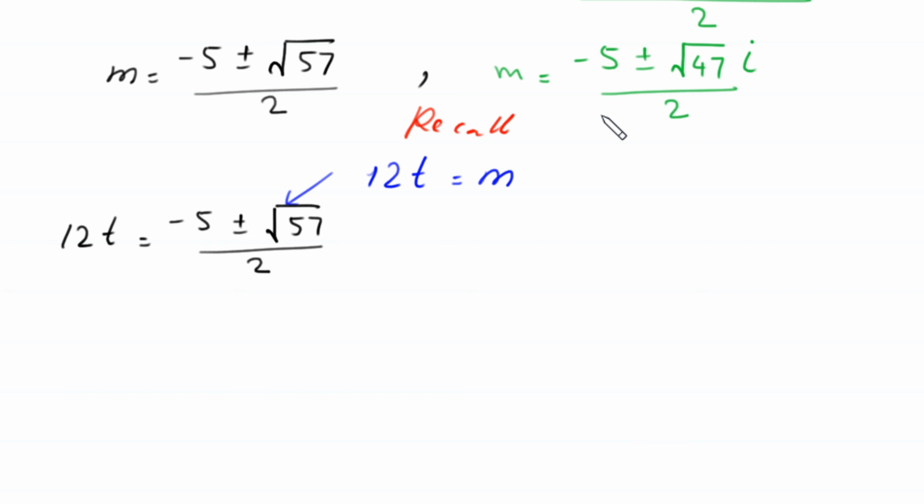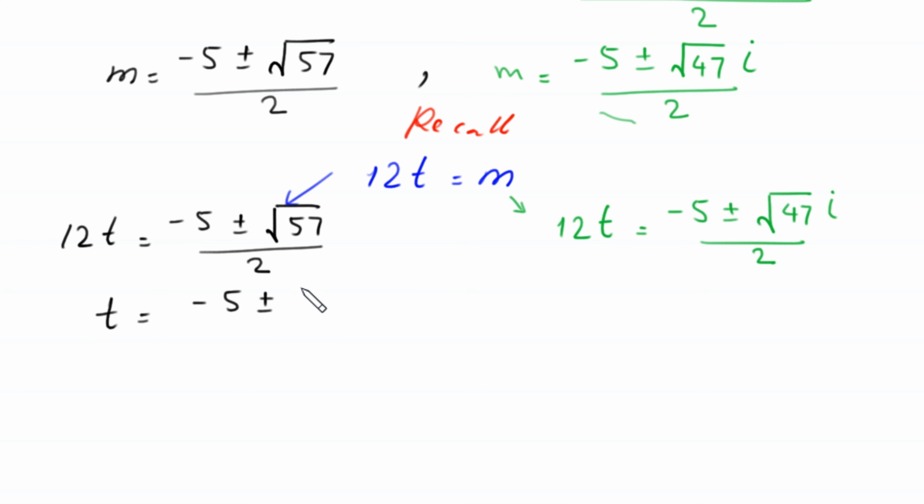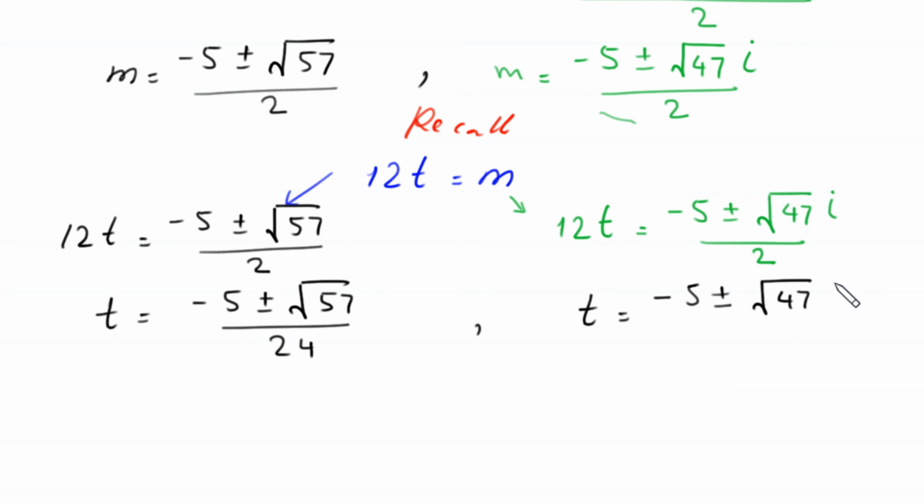And when m is equal to this value, this equation will become 12 times t is equal to negative 5 plus minus root 47i over 2. From this equation, t will be equal to negative 5 plus minus root 57 over 24. And from this equation, t will be equal to negative 5 plus minus root 47i over 24.